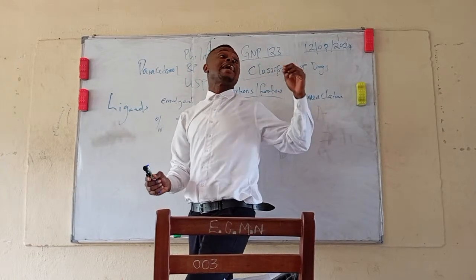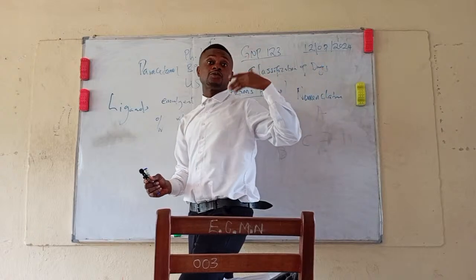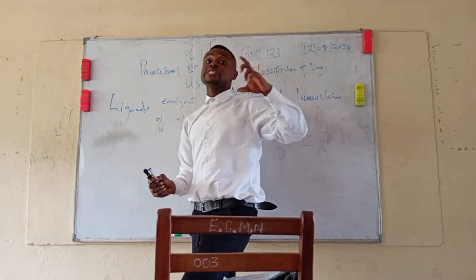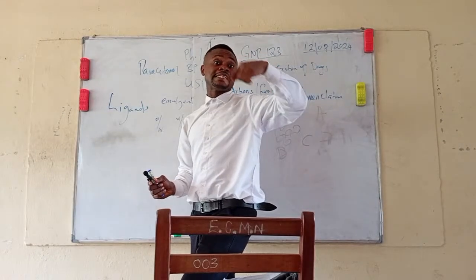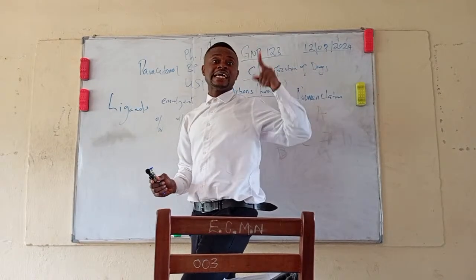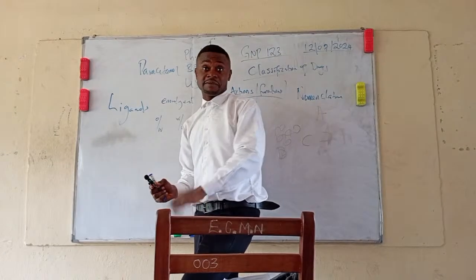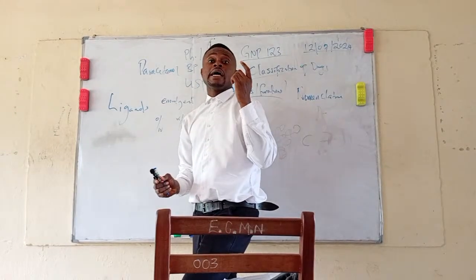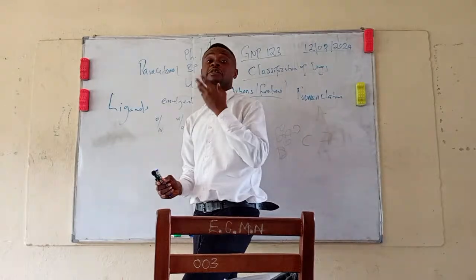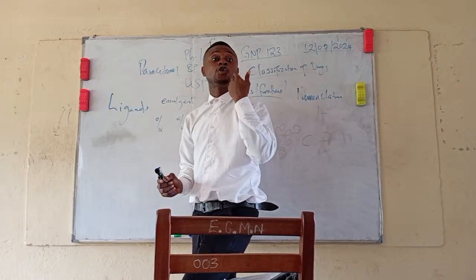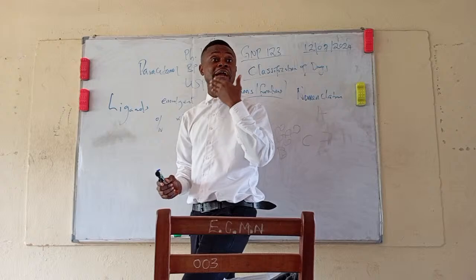Okay, basically some are added to help the drug. Any excipient you are adding when you are formulating a medicine is either to allow the drug to be properly delivered into the system, or to improve compliance and make it palatable.